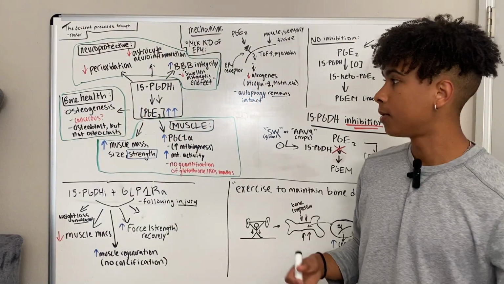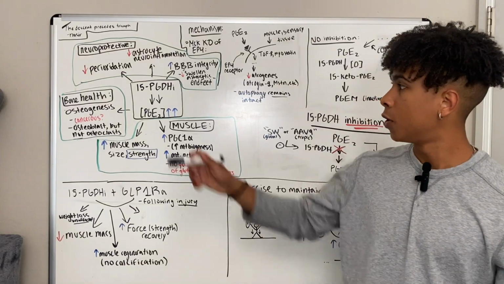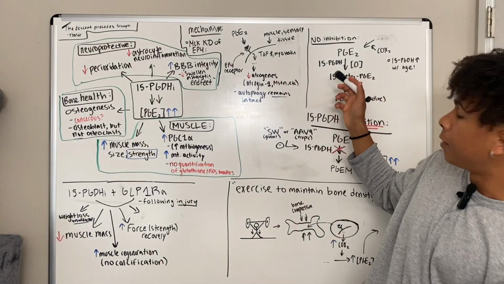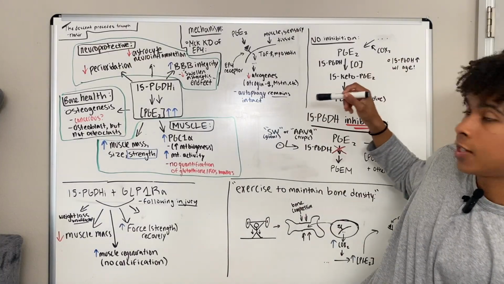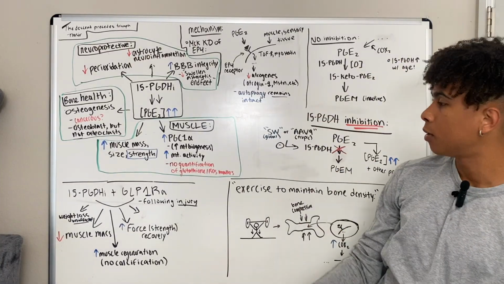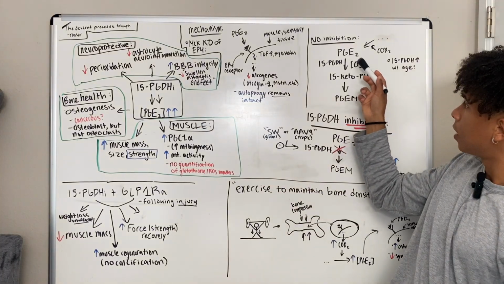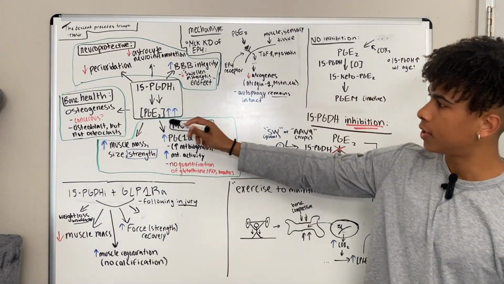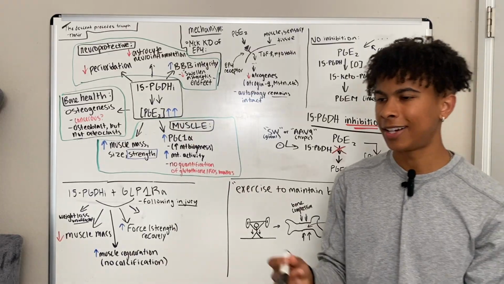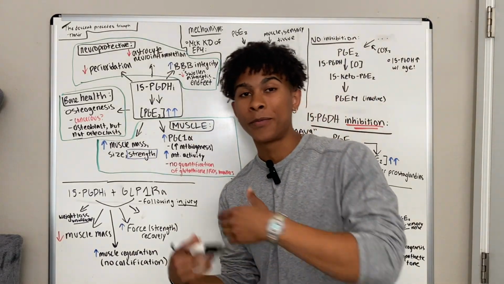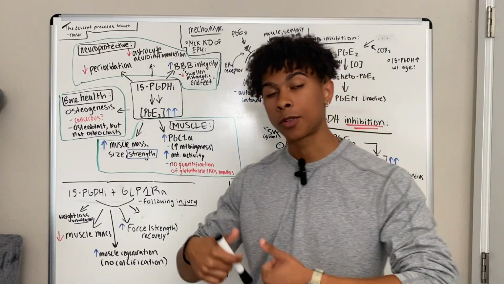Okay, so 15-PGDH is the rate-limiting enzyme for breaking down prostaglandins, specifically of interest PGE2, and we know that when we inhibit this enzyme that is responsible for oxidizing this prostaglandin, we actually see an increase in PGE2, because if we are decreasing the thing that's going to break it down, we are going to see an increase in the actual precursor itself.